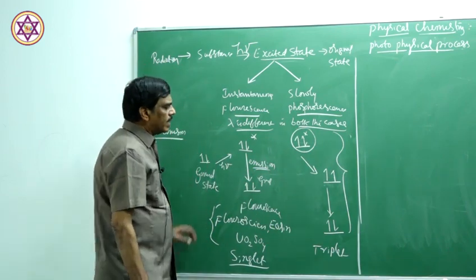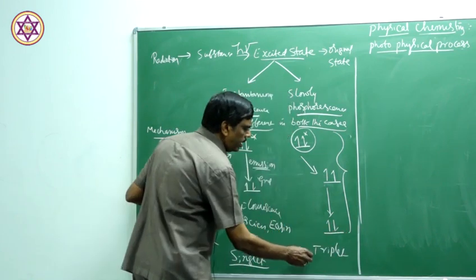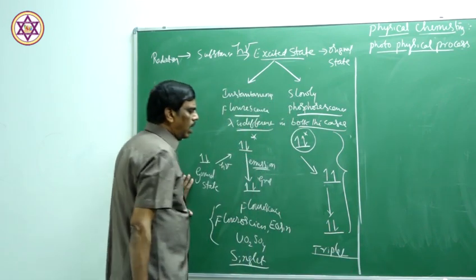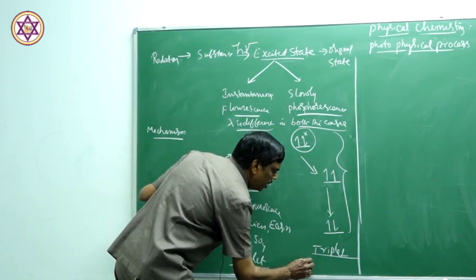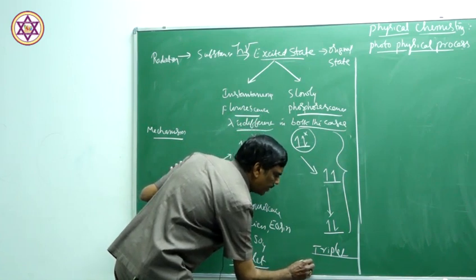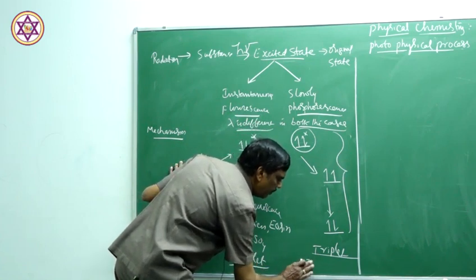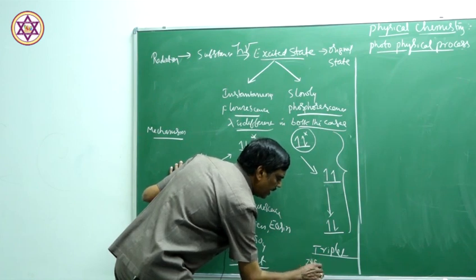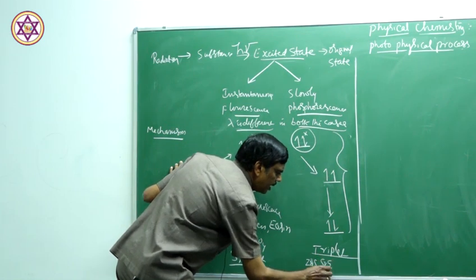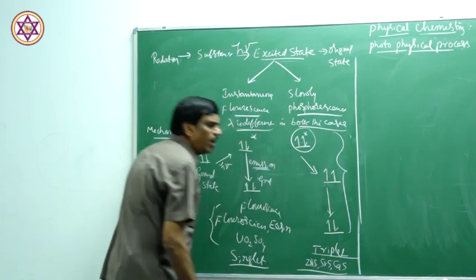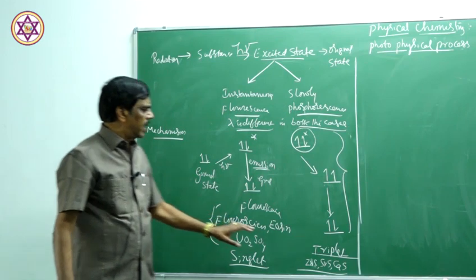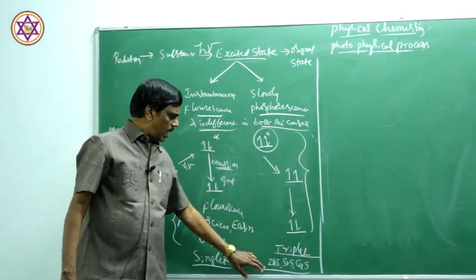Some phosphorescent substances are the sulfides of the second A group, for example zinc sulfide, strontium sulfide, and calcium sulfide. Sulfides of second A group radicals show phosphorescence.